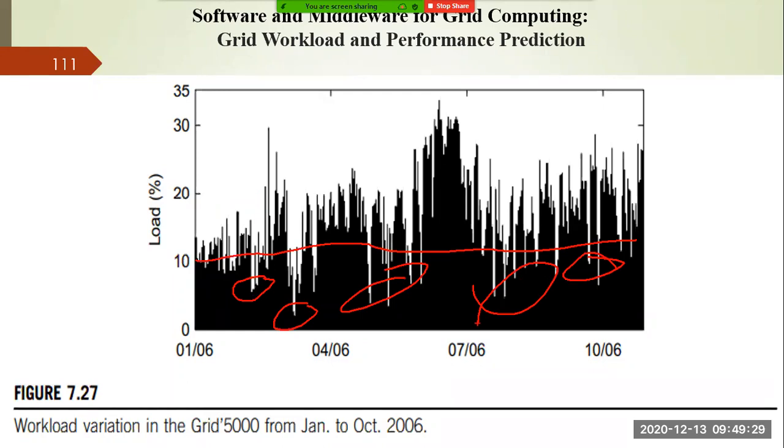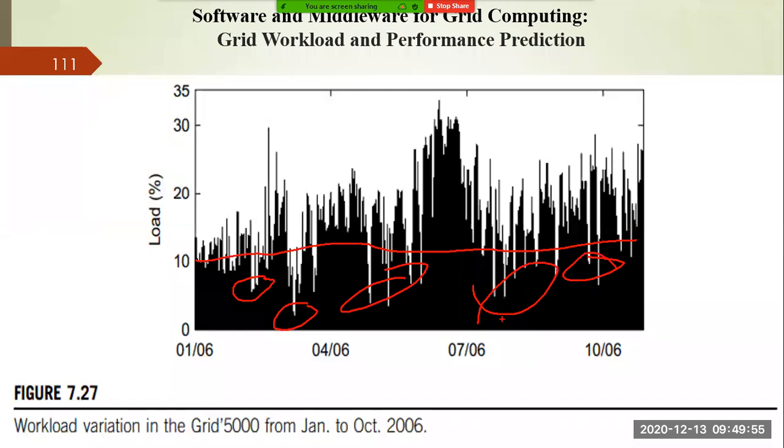During this observation of 10 months, Grid 5000 was lightly loaded. As you can see, the maximum is 30 to 35%. What does it indicate? It indicates they are not fully loaded. If it were more than 80 to 90%, then we could say something. And these loads fluctuate; you can see a lot of fluctuations with respect to this particular time period, right?